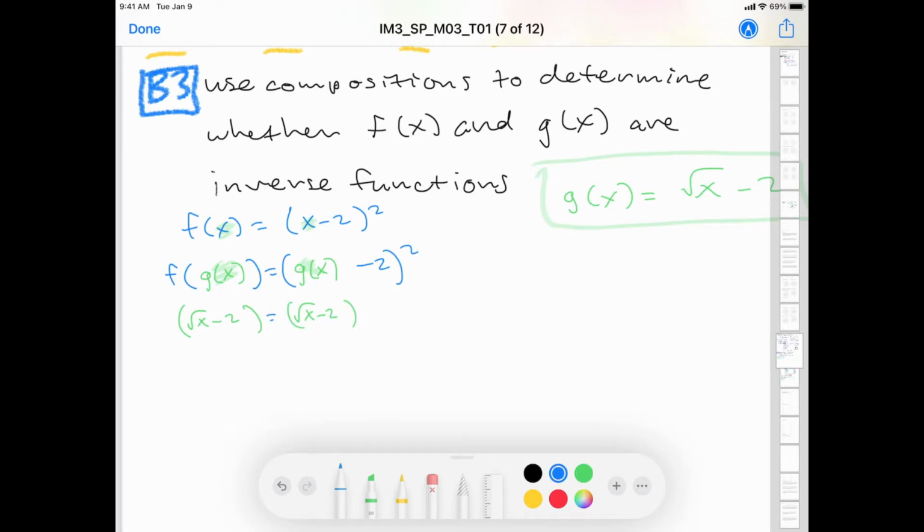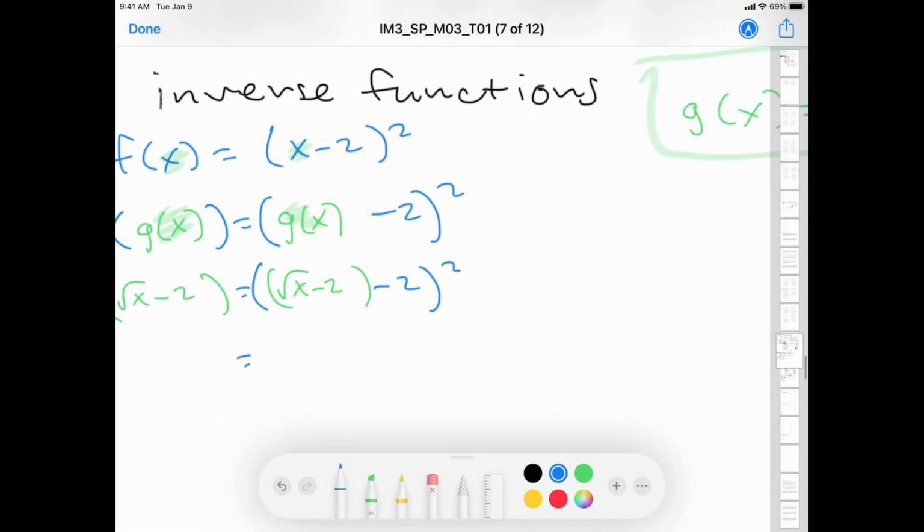And everything in blue is the same. Don't worry about the left side. So let's work on the right side over here. I'm going to work inside these blue parentheses, and I don't need that one, so I can just combine like terms. Negative 2 minus 2 is minus 4.